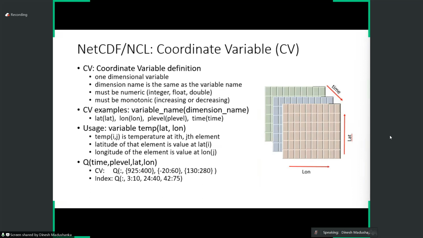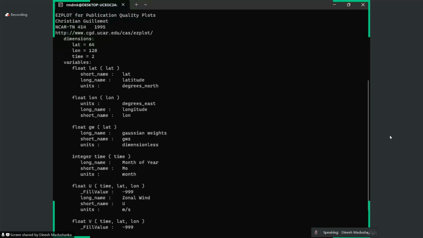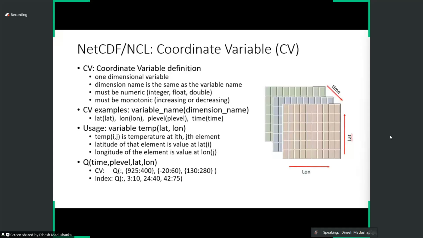So the other command is ncdump. Suppose that the pressure level is from 925 to 400. Between 925 and 400 there are other pressure levels, and I need to capture all the levels from 925 to 400.